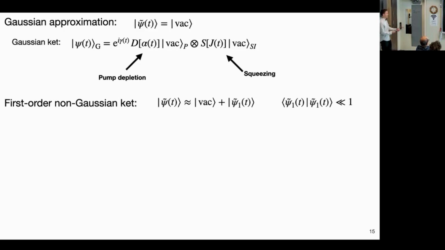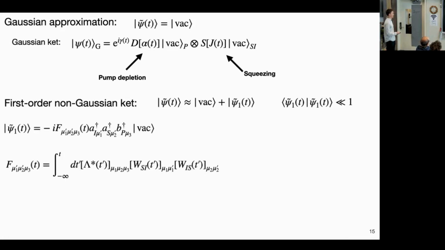Now, to take one step into the non-Gaussian ket, we could try a first order Dyson series expansion. So I take my non-Gaussian ket psi tilde, and I write it approximately as vacuum plus psi tilde 1, where psi tilde 1 is a small perturbation. So this inner product should be much less than 1. And we find that psi tilde 1 is simply given by the non-Gaussian Hamiltonian acting on vacuum.